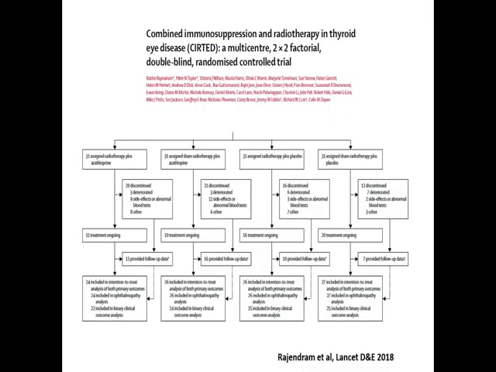The CIRTED study is a multi-center British clinical trial designed to investigate the combination of azathioprine and radiotherapy for GO. Patients were randomized into 4 groups, one receiving radiotherapy and azathioprine, one receiving sham irradiation and azathioprine, one receiving radiotherapy and placebo, and one receiving sham irradiation and placebo.